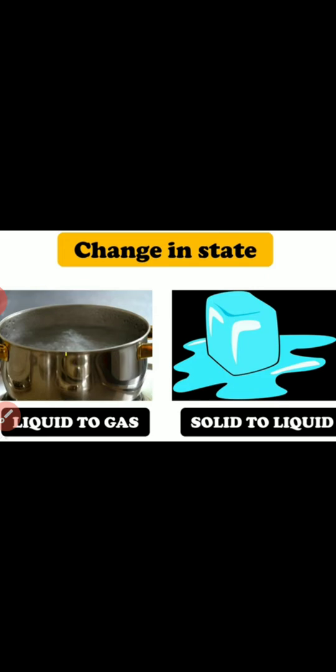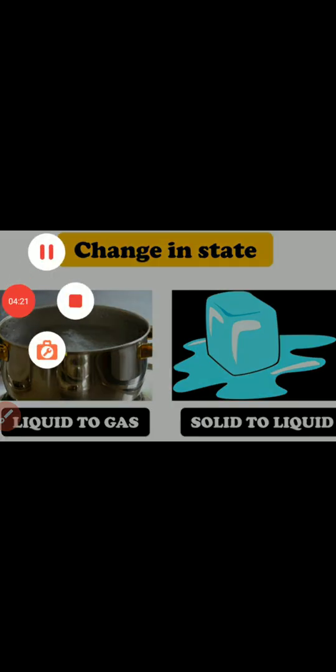Similarly, when an ice cube melts, it changes into liquid. So this is a change in state, changing from solid to liquid. So this is the change in state. Let's take a look at some other examples regarding this lesson.